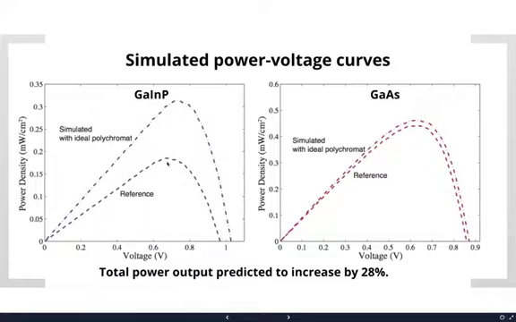So that's the expected reference curve. This is the simulated curve with ideal polychromat, and you can see clearly the maximum power has jumped up quite a lot. Again, 50% here. But for gallium arsenide, it's much less increase, but still there is an increase. If you average them both, the total power predicted to increase by about 28%.